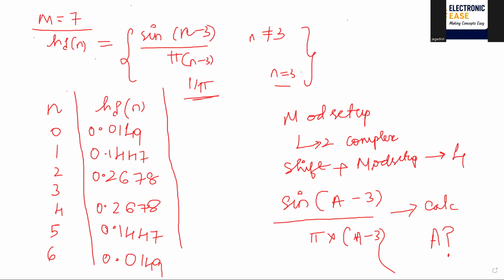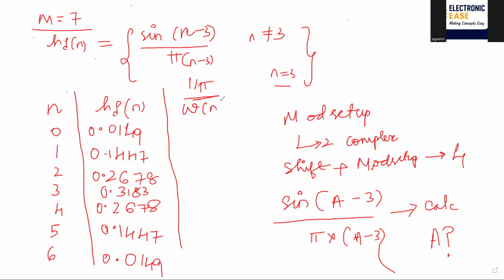For 3, it's 1 divided by pi. You will be getting the answer as 0.3183. So this is a rectangular filter.